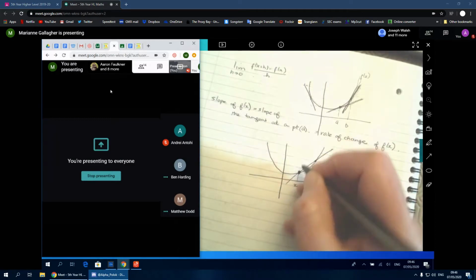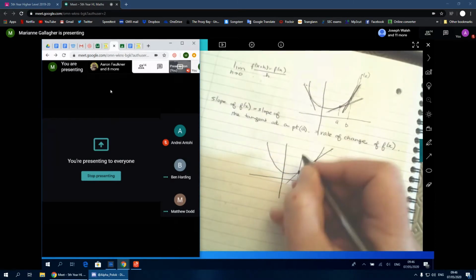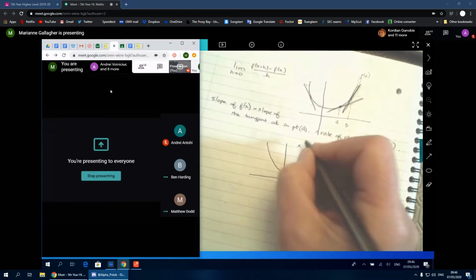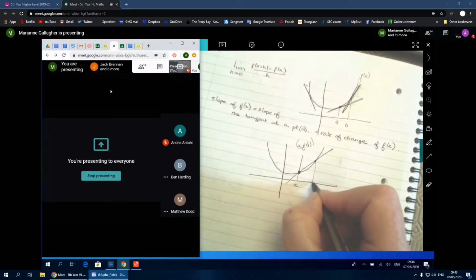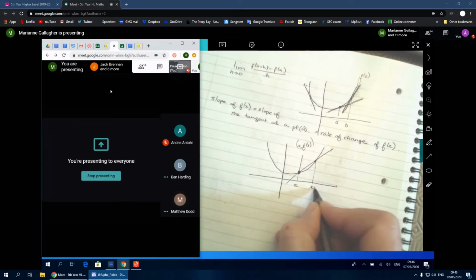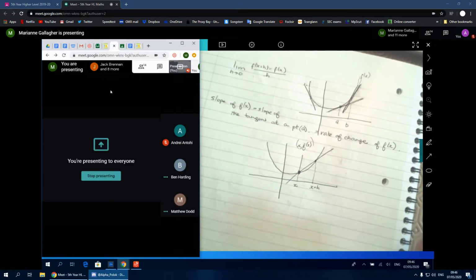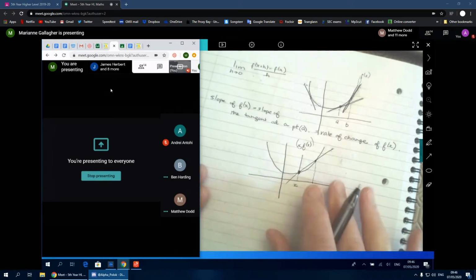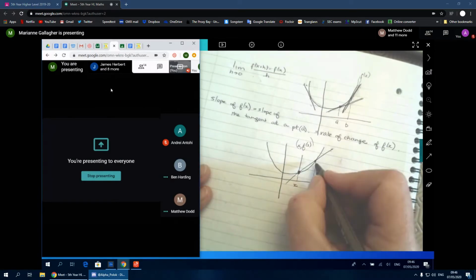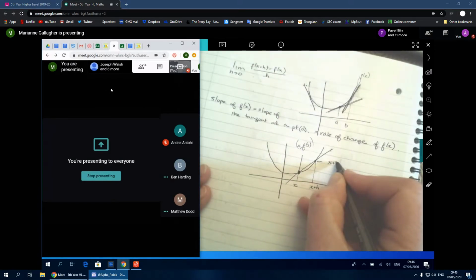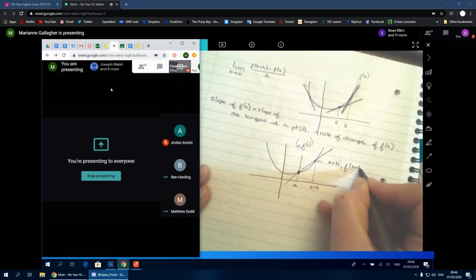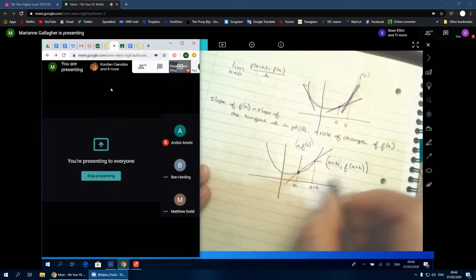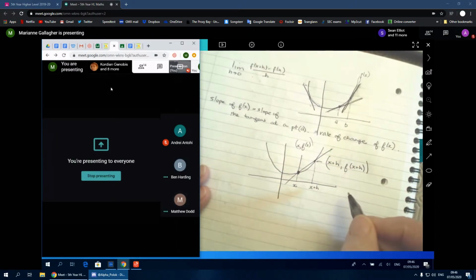So the coordinates of that point are, if the x coordinate is x, then that's f of x. And then if we make the x coordinate a bit bigger, so we add on h to the x coordinate. And h is just a random letter that they pick. They always use h, okay? So this point would be x plus h, and then f of x plus h. Is that okay so far?